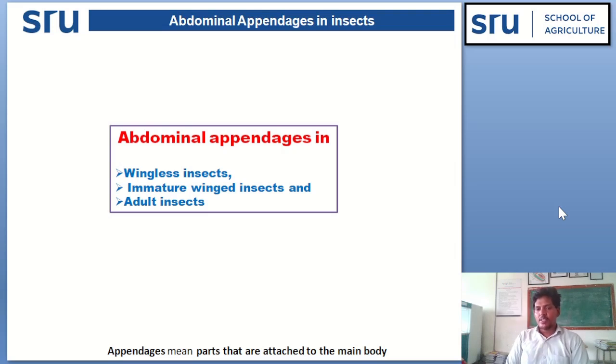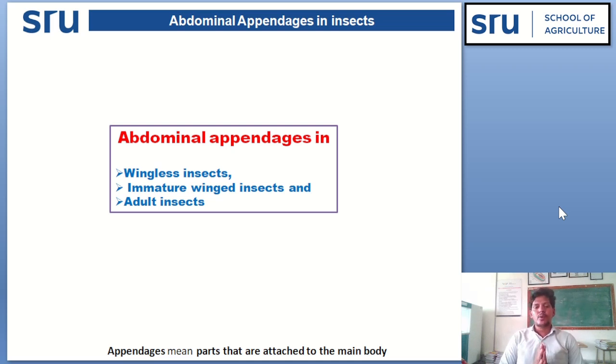Welcome, you all. In this session, we are discussing abdominal appendages in wingless insects, immature winged insects, and adult insects. Before going into the discussion, what is an appendage? Appendages are the parts that are attached to the main body part. For example, an insect body is divided into three regions: head region, thorax region, and abdomen region.